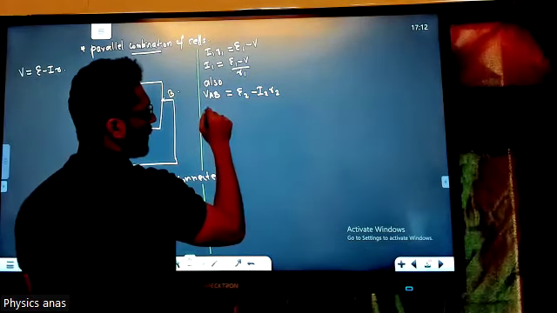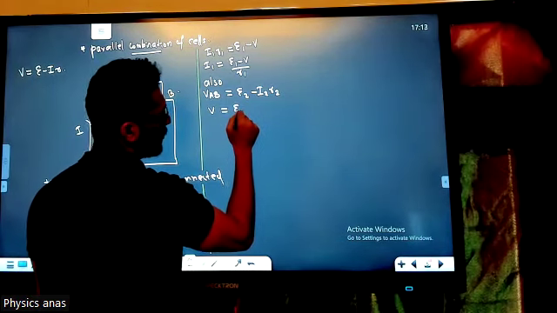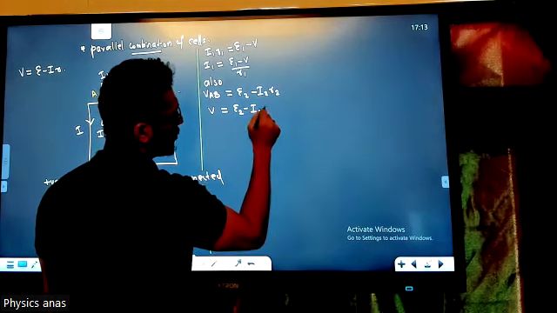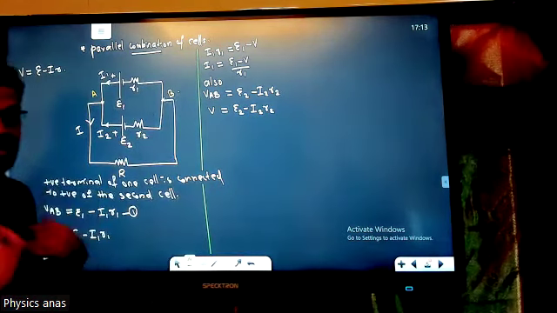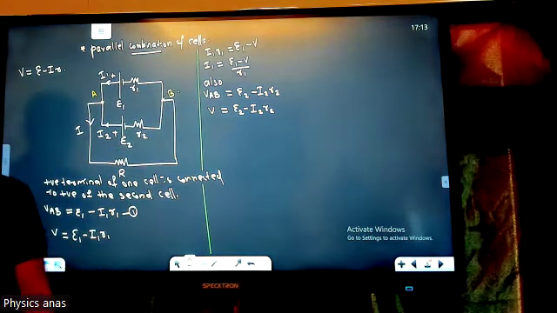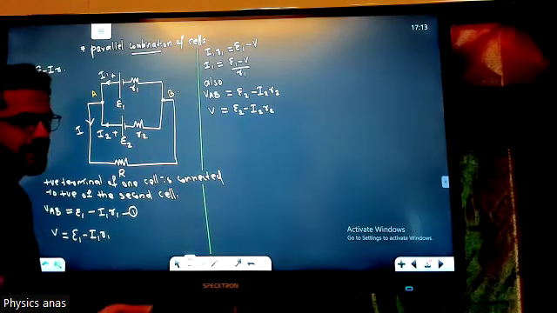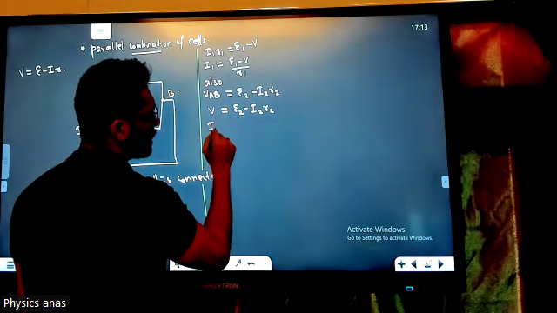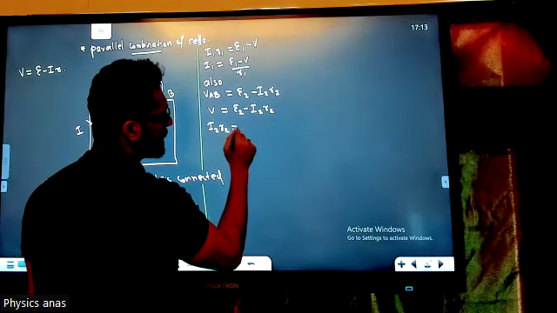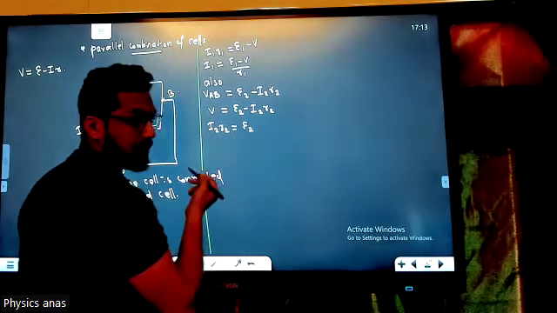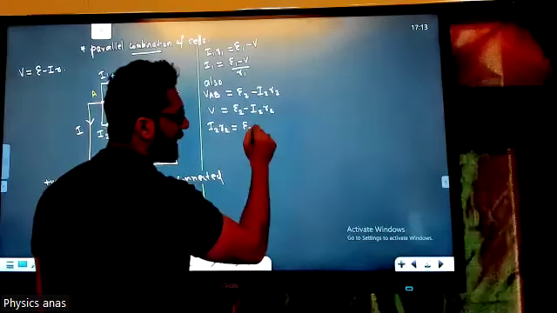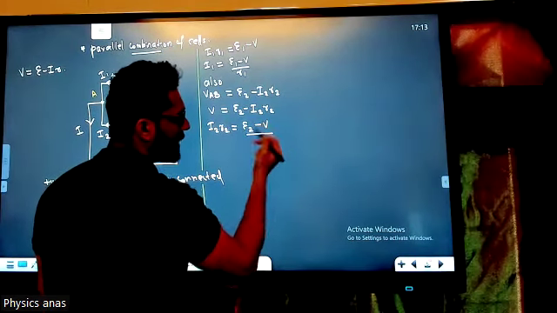VAB is V, so V is equal to E2 minus I2 R2. Now I want to find I2. Bring this minus I2 R2 to the other side. That will be plus I2 R2 is equal to E2. Bring this V to the other side: E2 minus V.